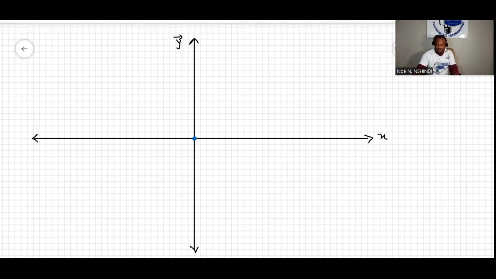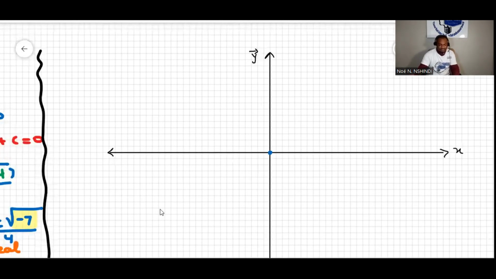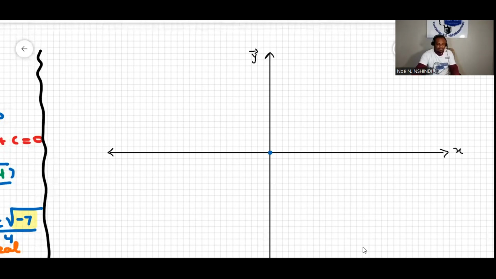Let me write it here. This is question 8.3. The function is given by f of x is 2x cubed minus 5x squared plus 4x.